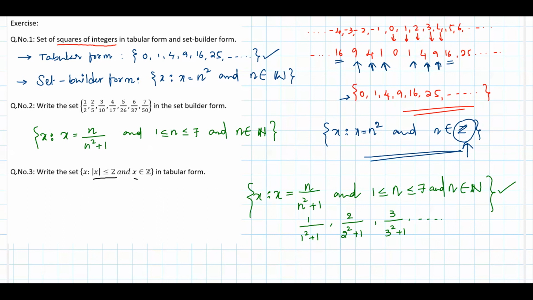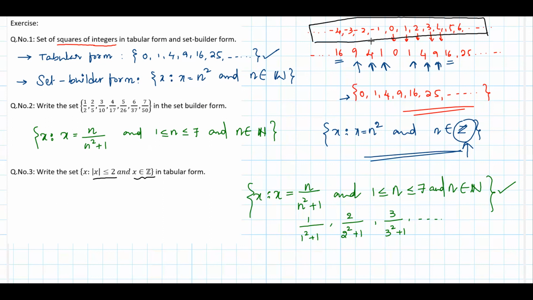So the last material here we have saying that x belongs to integers. So what are integers? We already know these are integers: 0, 1, 2, 3, 4, 5, 6, and so on. And the negative side, -1, -2, -3, -4, and so on. So these are the integers.